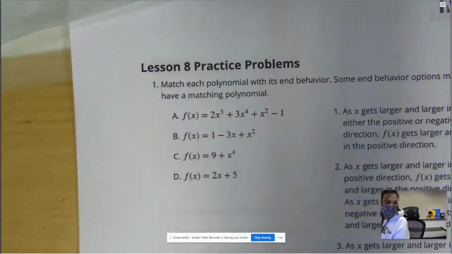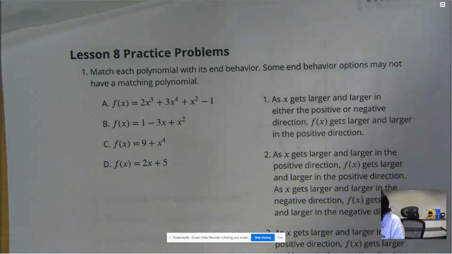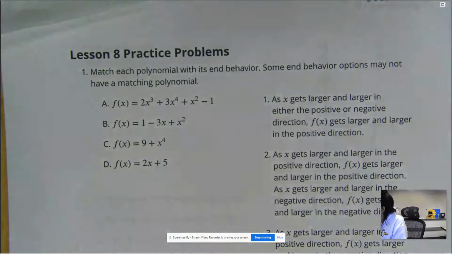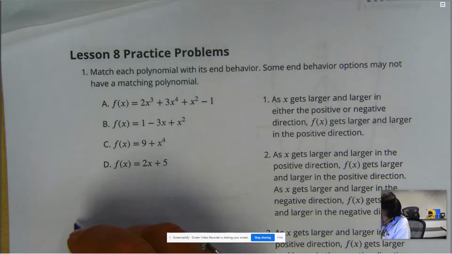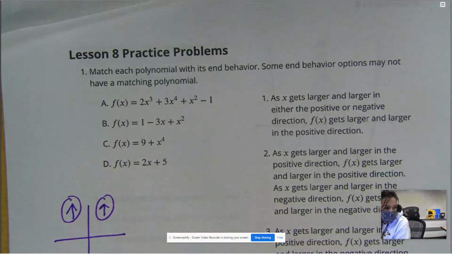Here we go. It says match each polynomial with its end behavior. Some end behavior options may not have a matching polynomial. So what we learned is that if the degree is even, the end behaviors are both getting bigger and bigger in the positive direction.